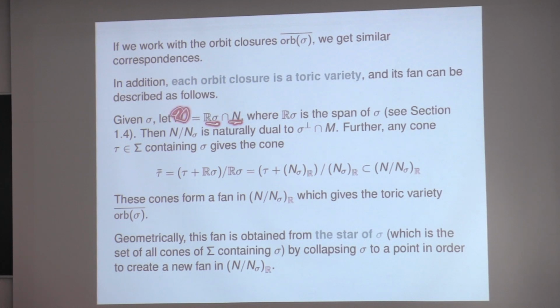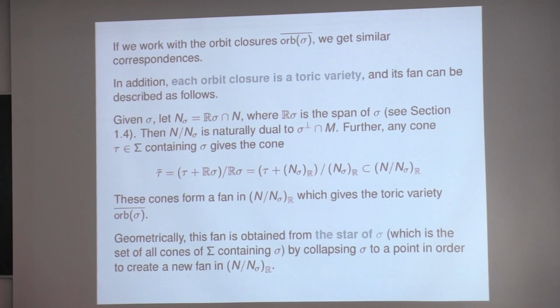Well, this is torsion-free, and it's a Z-module without torsion, so this is free. So we have a lattice. This N sigma is a lattice that lives inside our lattice N. Take the inclusion of N sigma in N, then take the cokernel N mod N sigma, and then take dual.